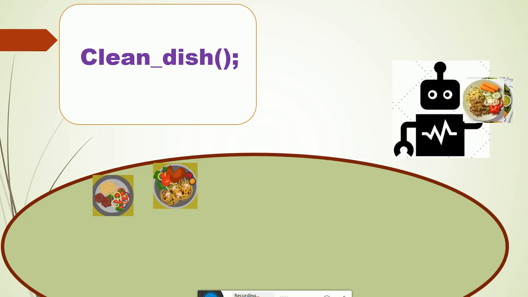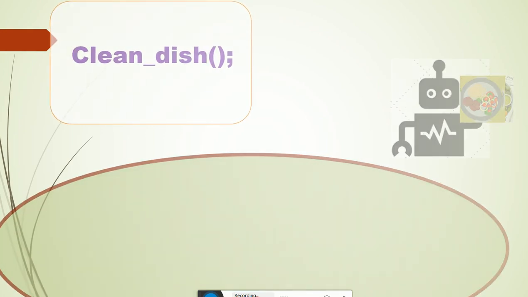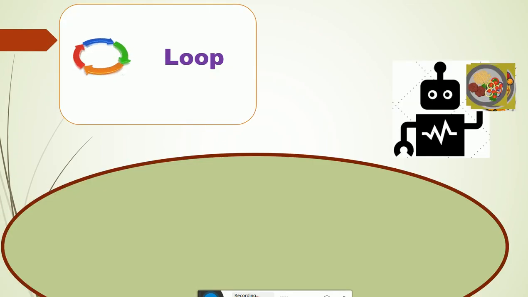We have to write the instruction one time and it will proceed multiple times. Here the robot will collect all the plates, and this is called a loop.